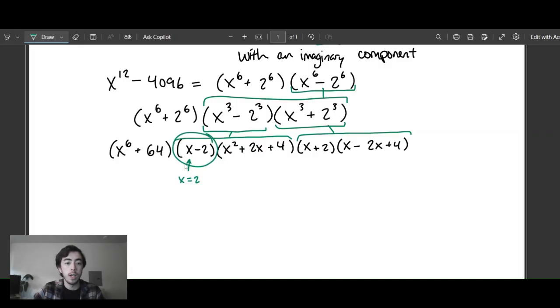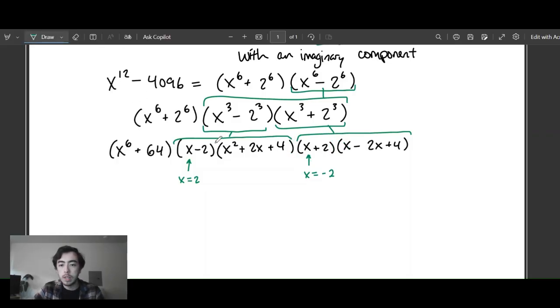And if I do 0 times anything, it doesn't even matter what the other ones are, I'll get 0. The same thing is happening right here, where if I plug in a negative 2, I'm going to produce a 0 in that factor, and then 0 times whatever else the other ones are, it's going to be 0.